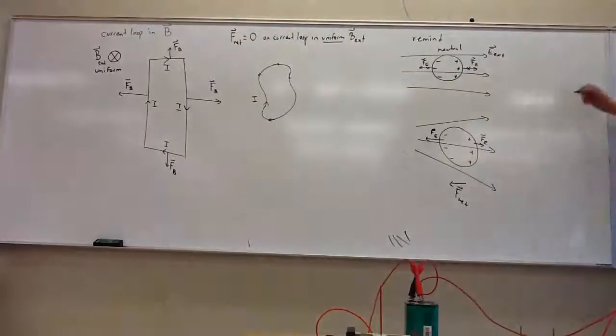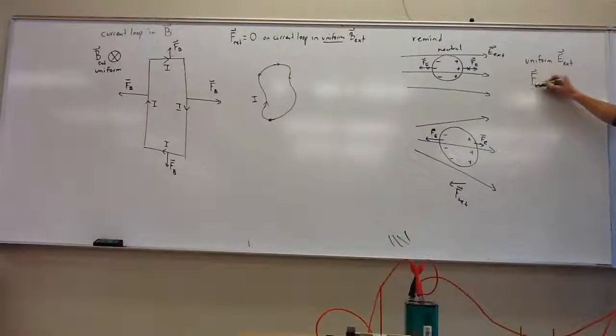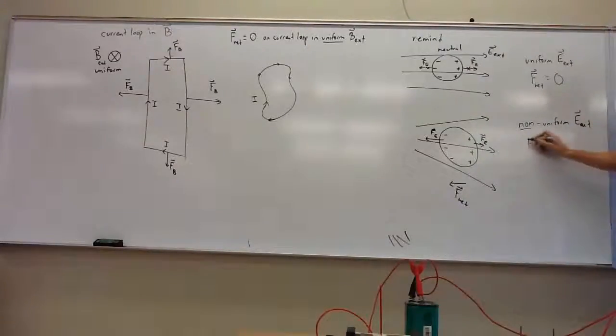So the common thread here is that if this is a uniform field, then the net force is 0. If it's a non-uniform field, then the net force is in the direction of the stronger field.